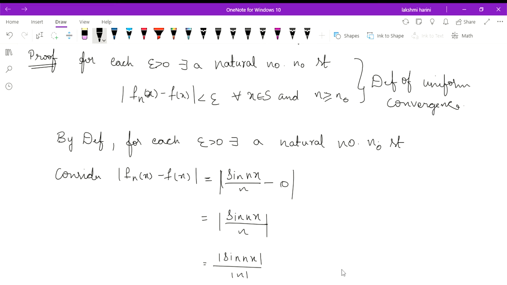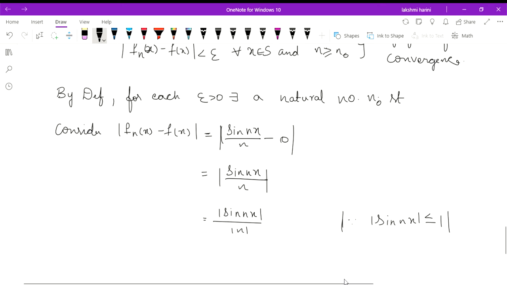Since we know that mod sin nx is always less than or equal to 1, this is less than or equal to 1 by n. Therefore, we got mod fn of x minus f of x is less than or equal to 1 by n.